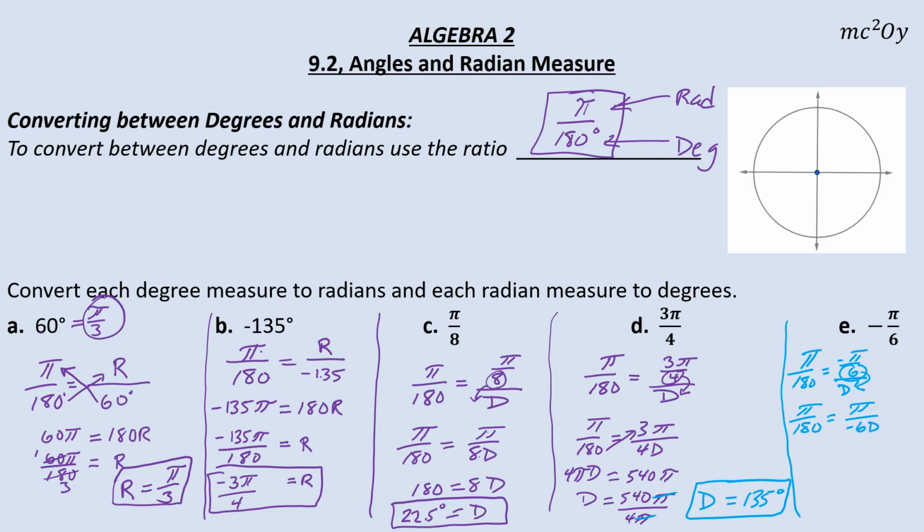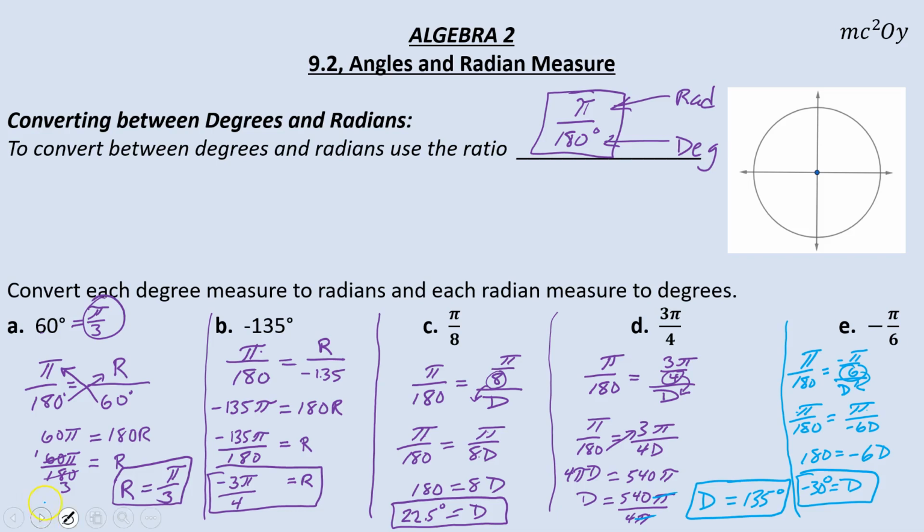Now you'll notice I brought the negative down with it because now I have denominators exactly the same. So I could just say numerators exactly the same. So I could say 180 has to equal negative 6d. And if that's the case, divide 180 by negative 6, d is equal to negative 30 degrees. Another one you will be memorizing.